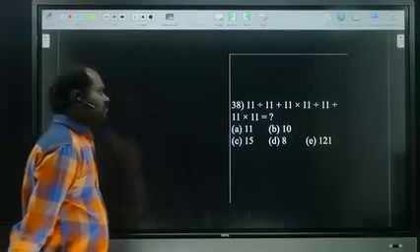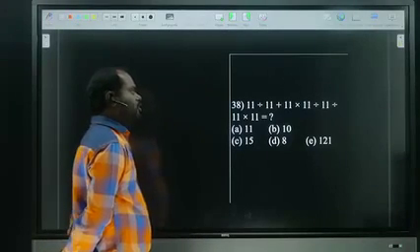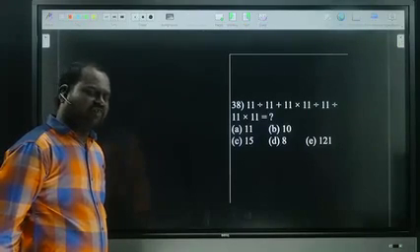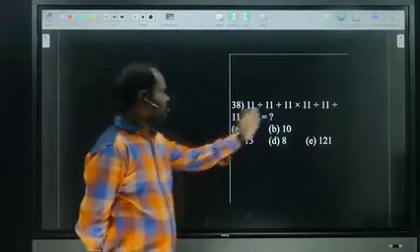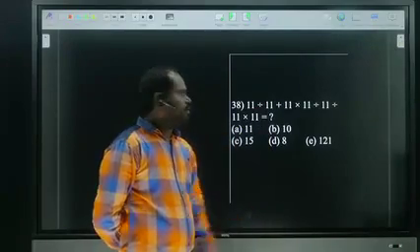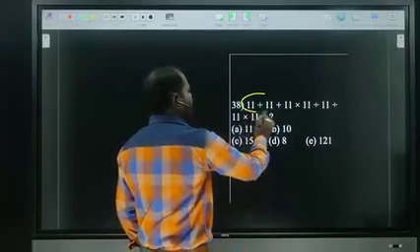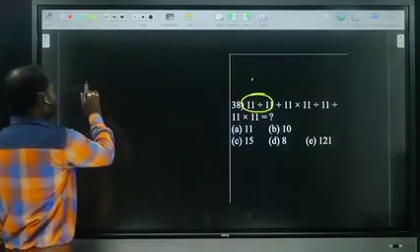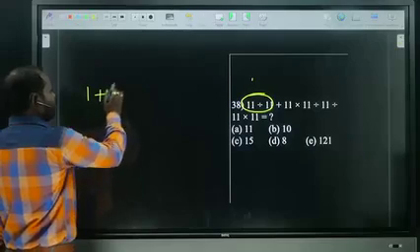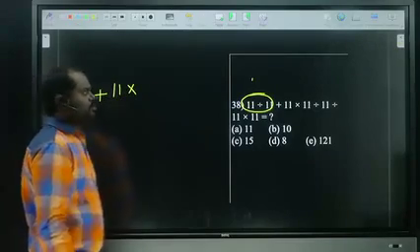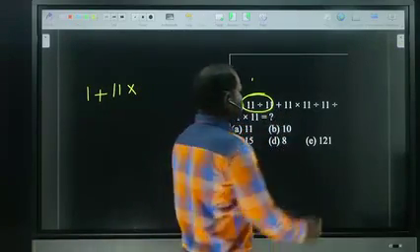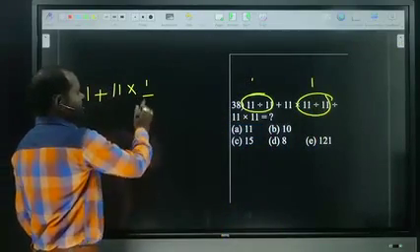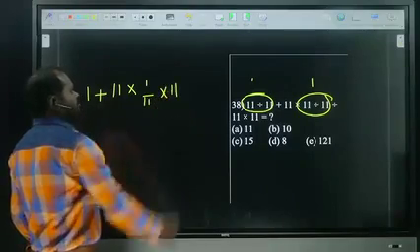11 by 11 plus 11 into 11 by 11 by 11 into 11. All are round values, no decimal points are there. You will get the exact answer because all are normal numbers. Nowhere is a point given. First, we should finish this. 11 by 11 means how much? 1. 1 plus 11 into 11 by 11 means 1, 1 by 11 into 11.